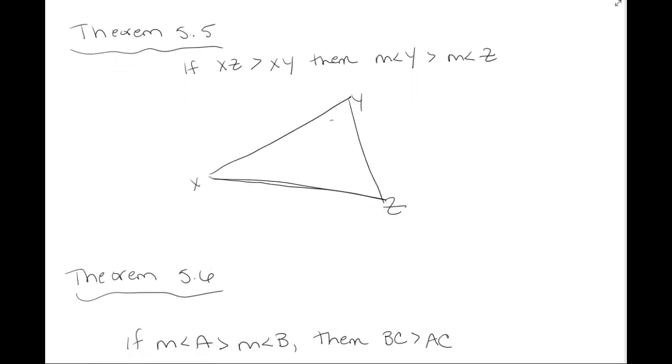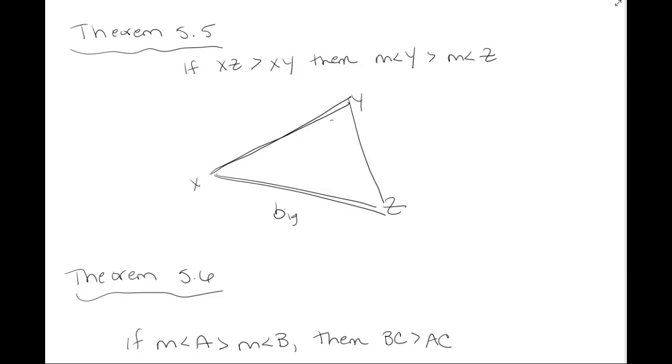Okay, we have another theorem that says that basically bigger sides are opposite bigger angles. So if the side XZ is bigger than the side XY, then their opposite angles are going to be in similar relation.